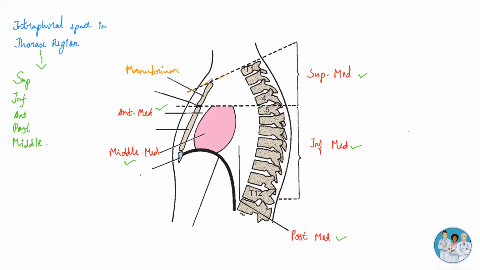From the top of the manubrium, the superior mediastinum starts. The next one is the sternal angle.